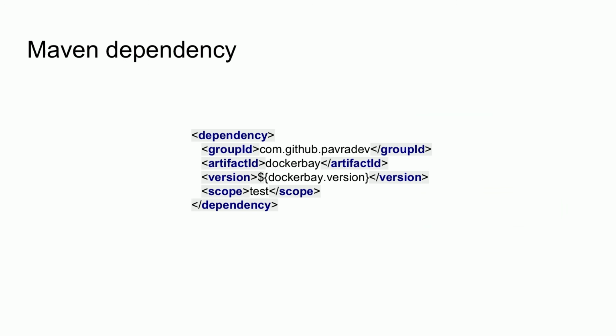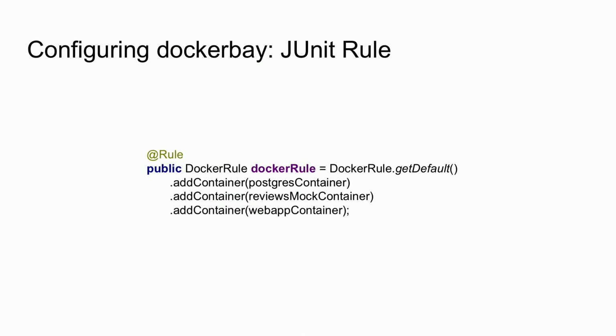The first thing you need to do is to add the dependency of this Docker Bay library. This is pretty straightforward. Now we just describe the environment that we want to run tests against. This we do with the help of a JUnit rule that will wire the environment before each test and shut it down after each test.